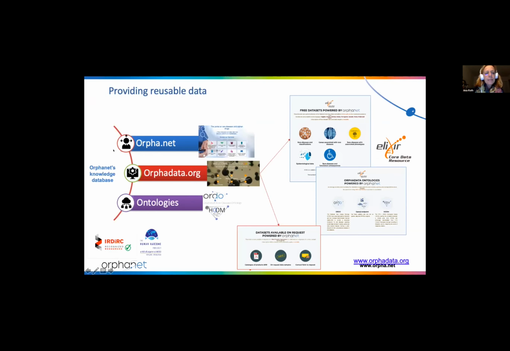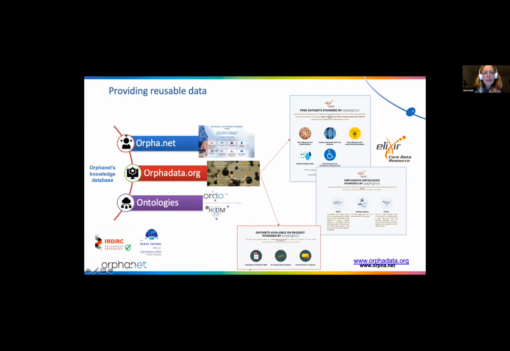So based on this Orphanet knowledge base, there are several products, if I may call them that. The most, let's say, famous one is the Orphanet website, the information website, orpha.net, a multilingual website in which people can find information disease by disease.